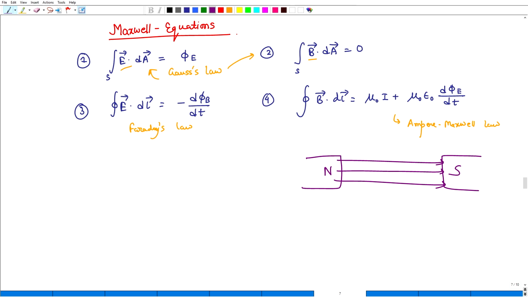If we change the magnetic field with time, then phi B, the magnetic flux, will also change with time.